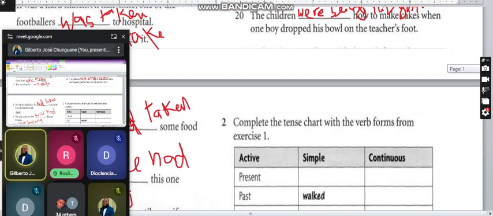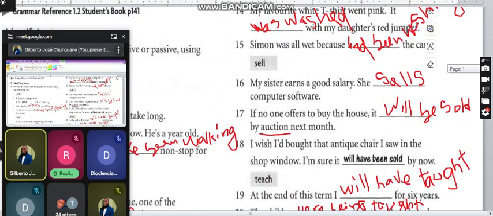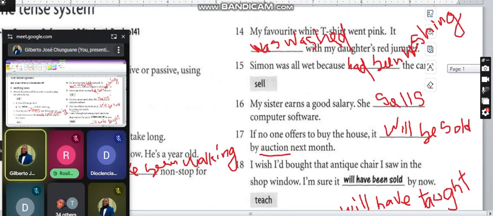Rosilda, would you like to clarify your colleague's doubt in number... You said that's number what? Number 15, right? Okay, yes, in number 15.